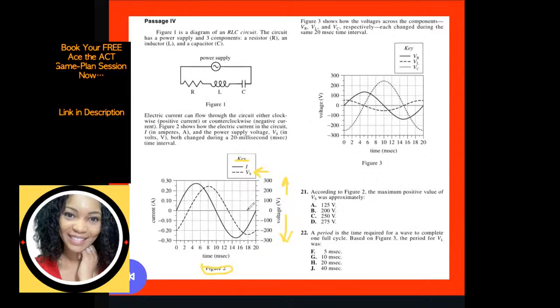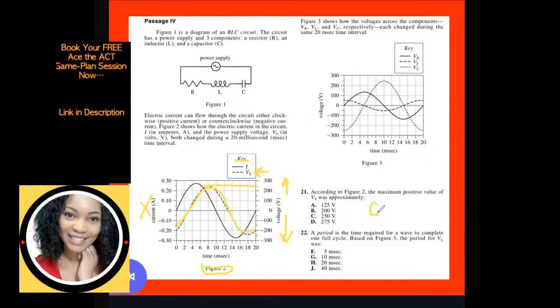And it's asking me, what is the maximum? So what is the highest value that the dotted line reaches? Right, so if I follow the dotted line, it's right here. And I'm paying attention to this axis because this is the voltage. I'm not paying attention to the current. That's not what they asked me about. So I'm not looking at the solid line or this axis. I'm looking at the dashed line and this axis. And I can see it's right here, which seems to be lining up with 250 volts. And so the best answer for this is going to be C.